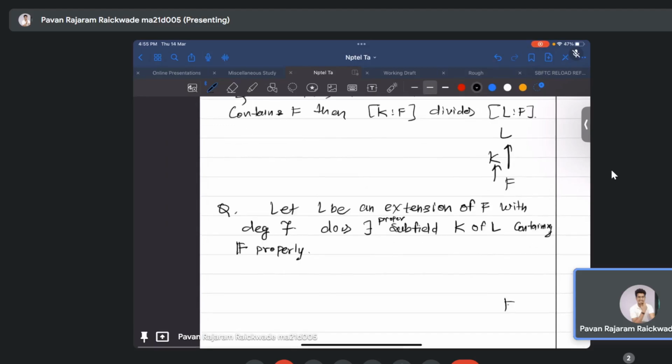What I'm asking here is you have F, you have L, with degree 7. Then do you have K which is properly contained in L and properly contains F? But this is not possible, because if it contains, then the degree will divide 7, and it's a proper divisor of 7. But 7 is a prime number. Hence the answer will be no.